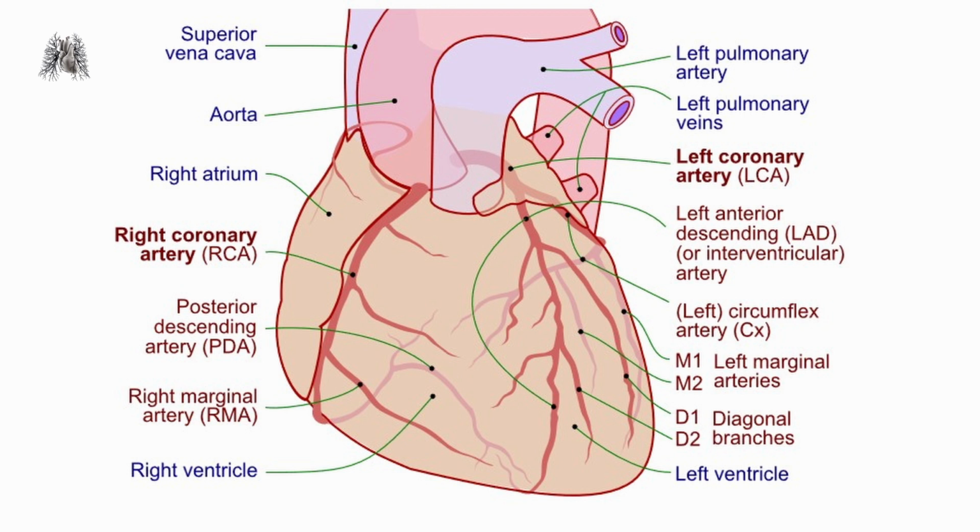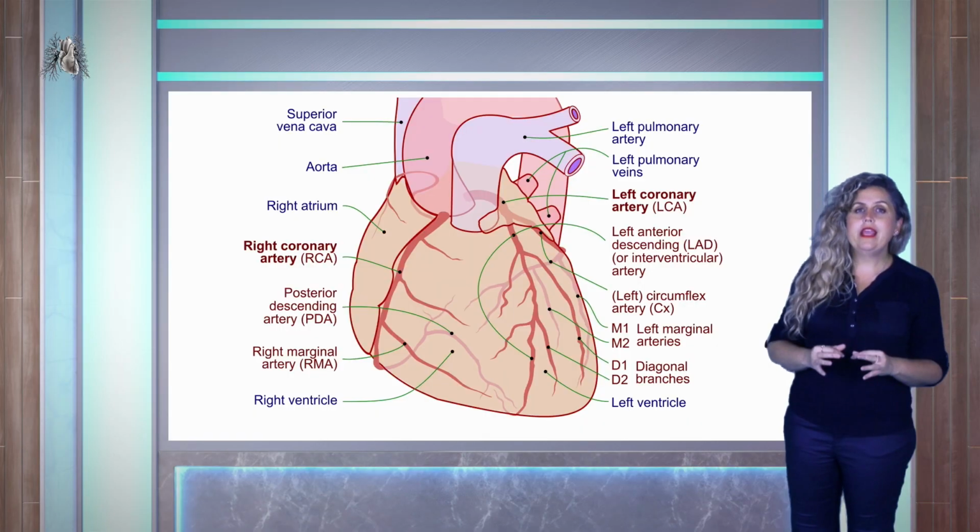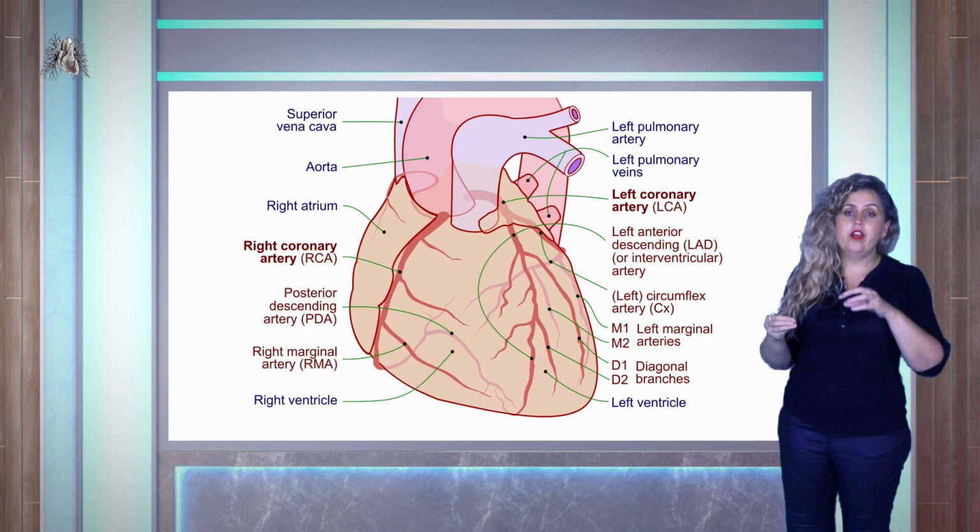They branch out and divide themselves up into all sorts of different arteries. Not everybody has all of these. We're all quite unique. This is very much a generalization. Some patients even have collaterals that have grown in time. But the three main ones that I want you to remember are this left coronary artery and the right.